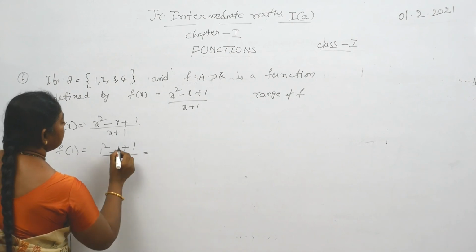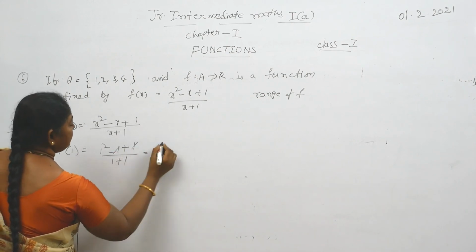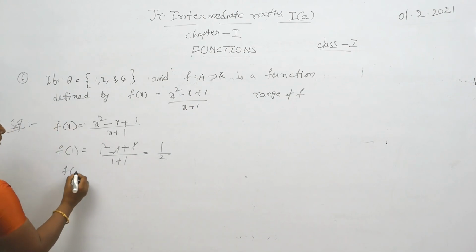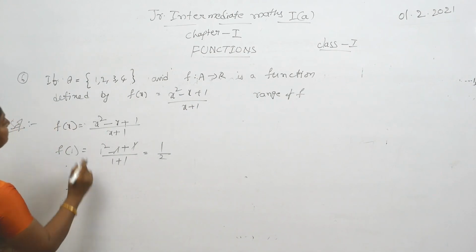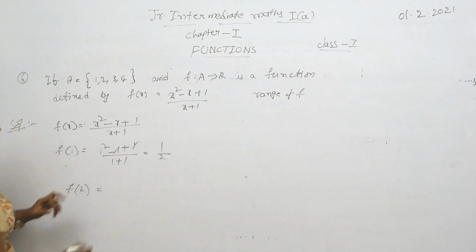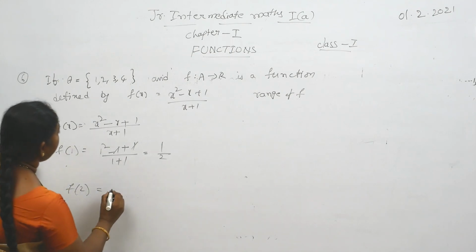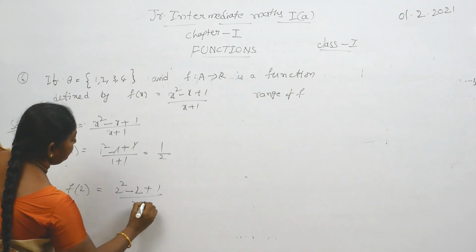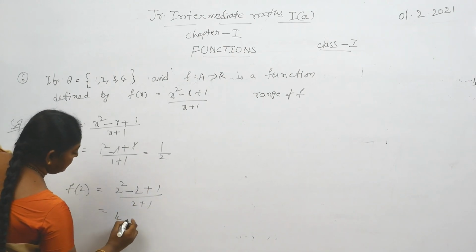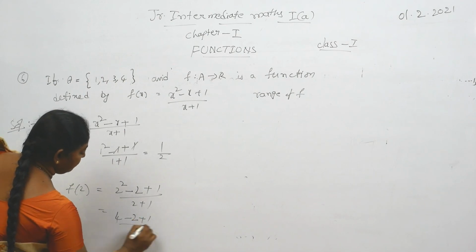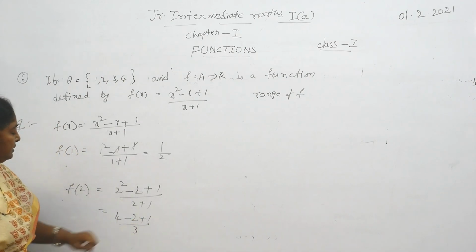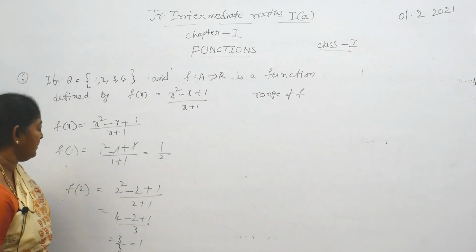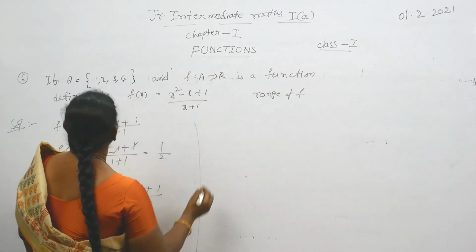That equals minus 1 plus 1 cancel, 1 by 2. Next, f of 2. f of 2 equals (2 square minus 2 plus 1) by (2 plus 1). That equals 4 minus 2 plus 1 by 3. That equals 3 by 3 equals 1.